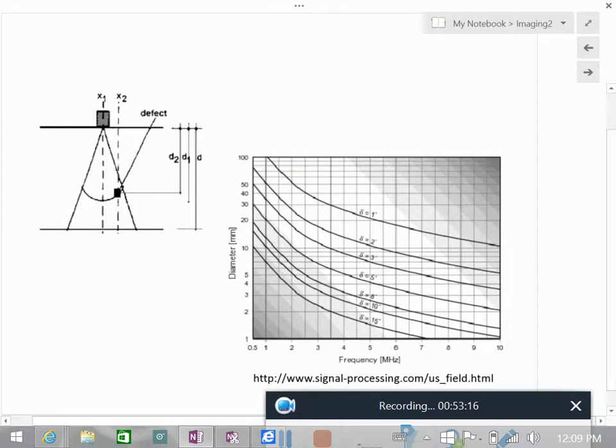You see that the diameter is here, the frequency is here. This is for water with sound velocity 1500. So you can see how it is changing. Basically, these are for different deltas, diameter and f, so you can find it.